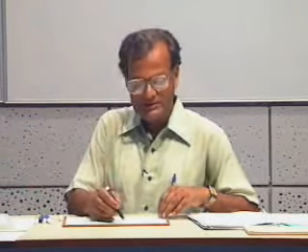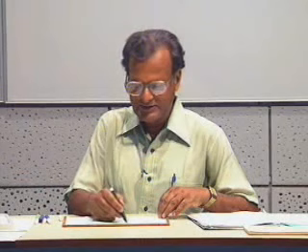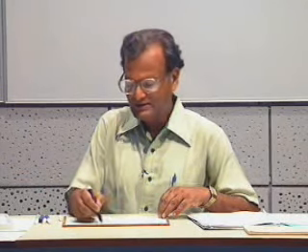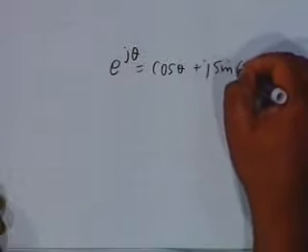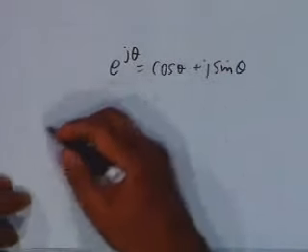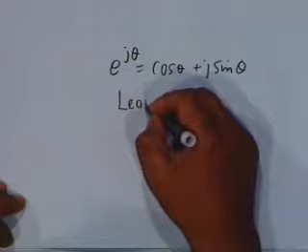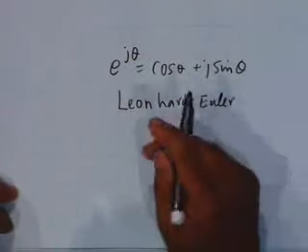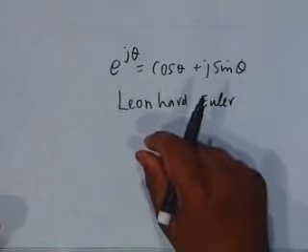In fact, the seed of Fourier series was shown by the same gentleman who is associated with e to the j theta equal to cosine theta plus j sine theta. What's his name? Euler. What is his first name? Leonhard Euler. Euler was working on vibrating string.